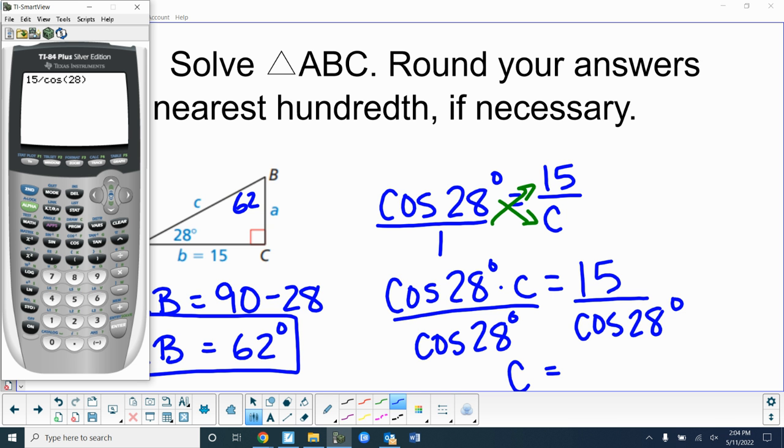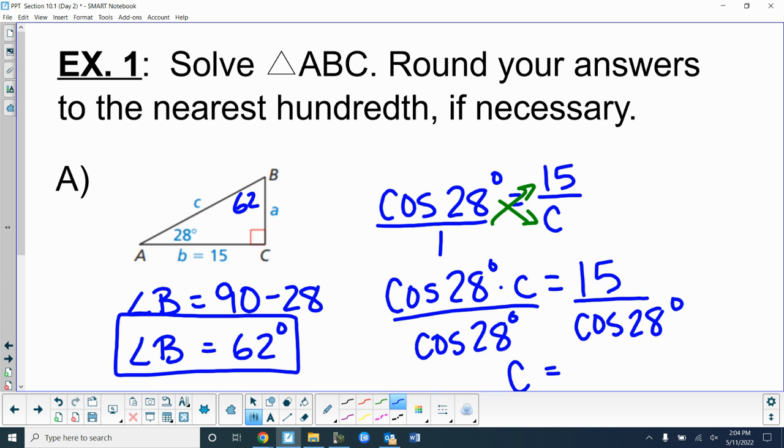Again, make sure you're in degree mode, and that's 16.98. Let's make it 17, because rounding, that 0.9 becomes a 1. So C is equal to 17.